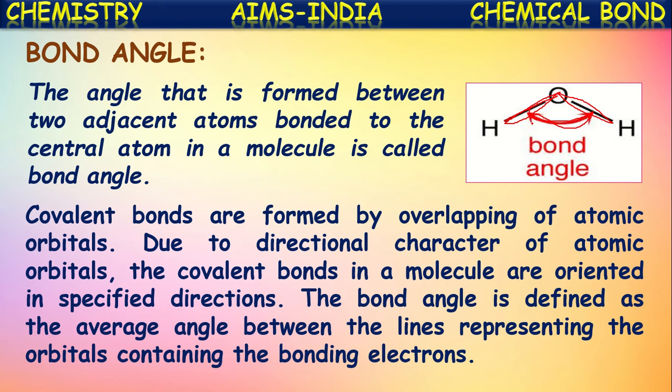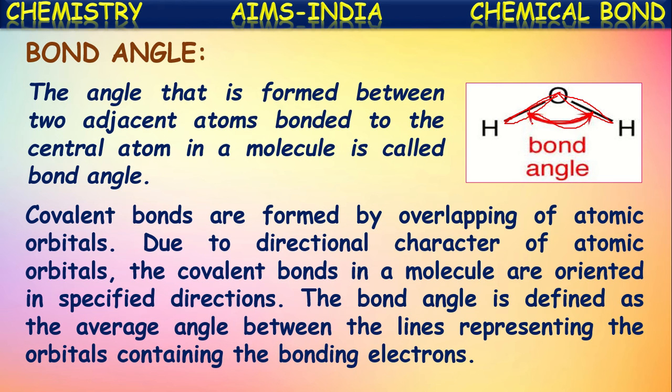Covalent bonds are formed by overlapping of atomic orbitals. We know this, isn't it? Due to the directional character of atomic orbitals, the covalent bonds in a molecule are oriented in specific directions. That's why we say covalent bonds are directional.